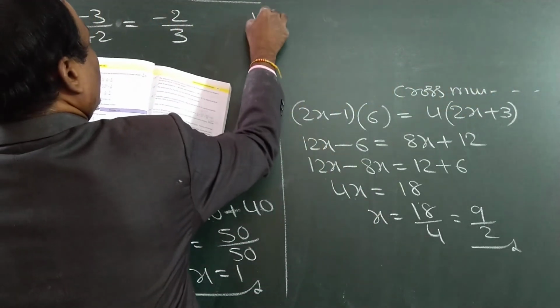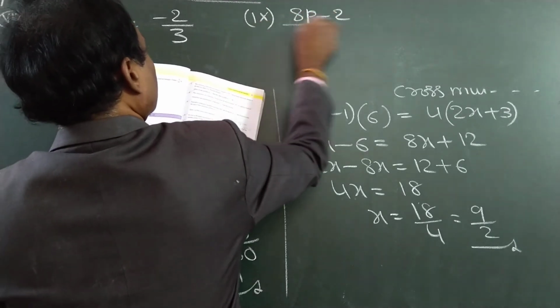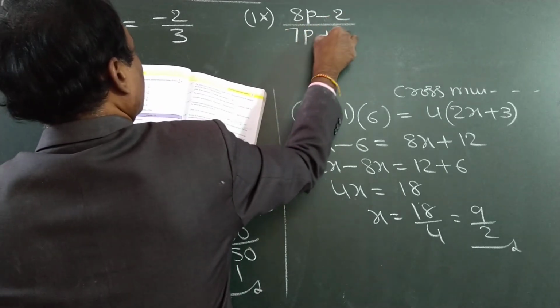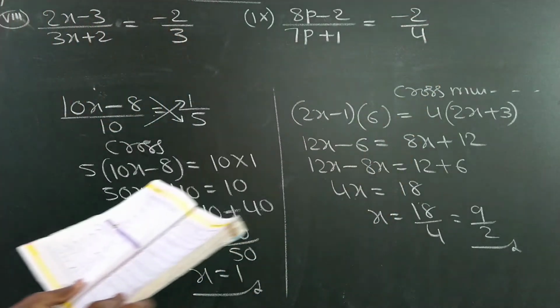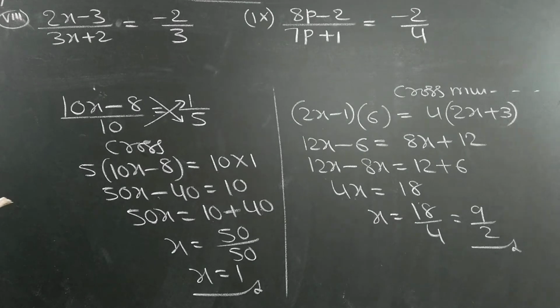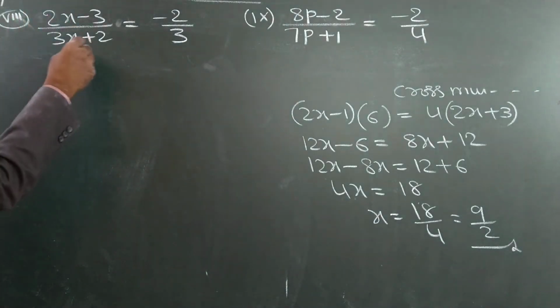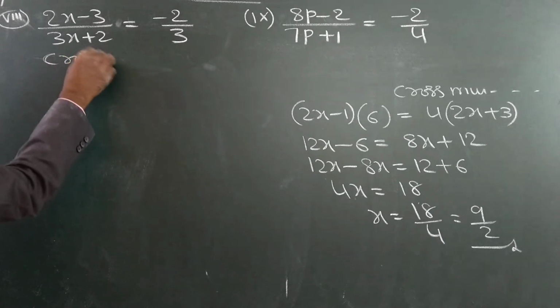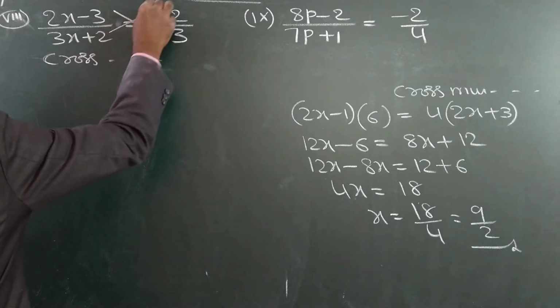Do this problem. First step only cross multiplication, direct cross multiplication. Numerator into denominator, denominator into numerator.